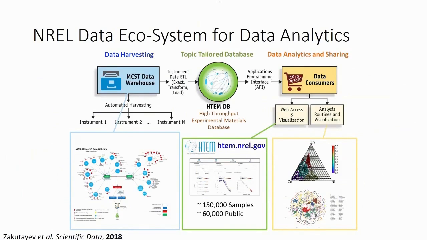They have this very sophisticated LIMS system where basically you have a nebula of instruments all hooked up onto this automatic harvesting server that once a day or twice a day comes in and grabs the data from your instrument, converts it into something that's machine readable, throws it into an experimental database that sits on campus, which you can then use an API to access and visualize the data, see what they've done, see what material systems are interesting, but also run analysis and visualization to try to understand the underlying material science associated with this.